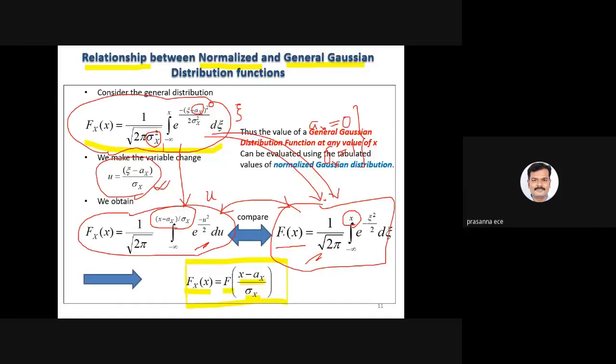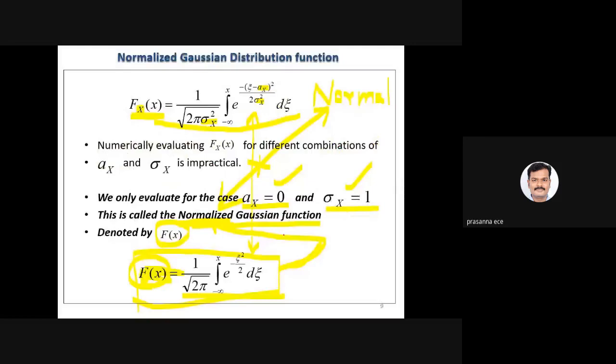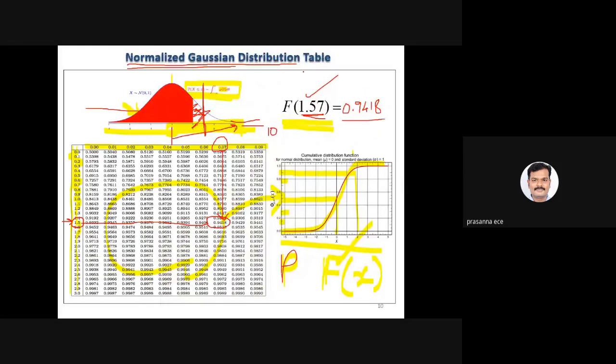If I go back to the table, we want F of 1.25. Here I have 1.2, and here I have 0.05, and they overlap at this point, which is 0.8944. So that is my result.